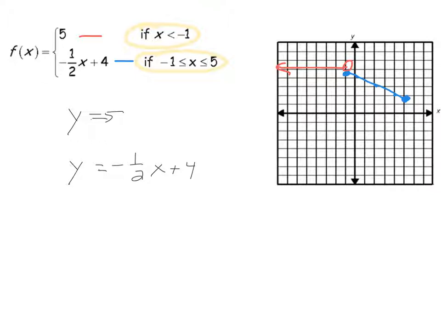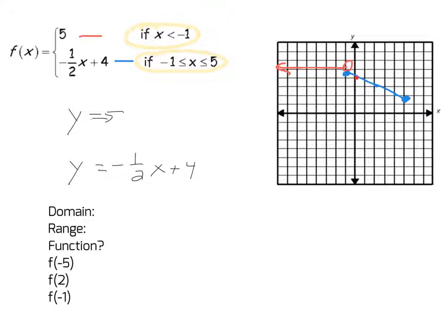And so what I can do here is I can now answer a whole bunch of questions based on this. For example, I can figure out the domain of this function, and I can see that it goes forever and ever to the left, comes up to -1 here where there's an open circle, but it jumps down. It actually picks up right away at that -1 again.